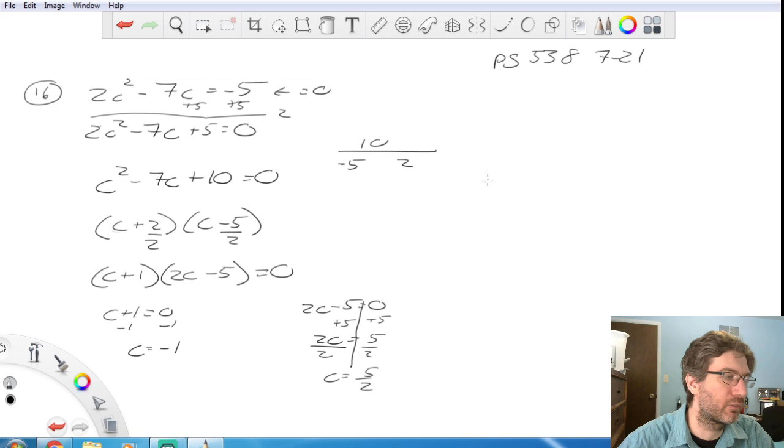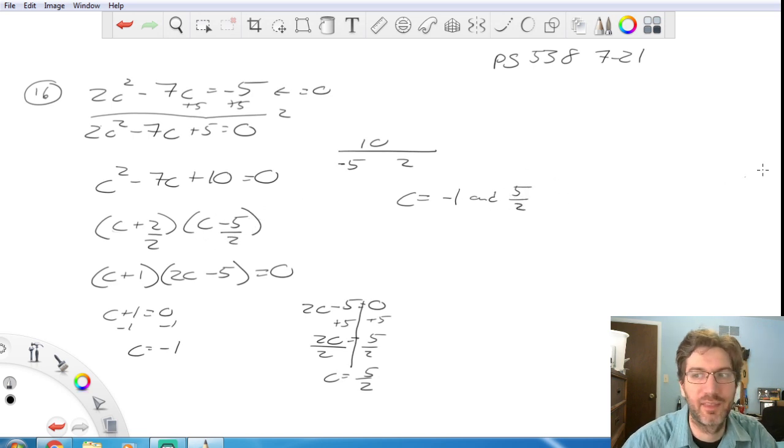And again, if you want to leave it as 5 halves, go right ahead. If you want to put it as 2.5, go right for it. So c here is going to equal negative 1 and 5 halves, which is the opposite of this, right? You just change your sign. Again, if you wanted 5 halves to be 2.5, you can do that as well.